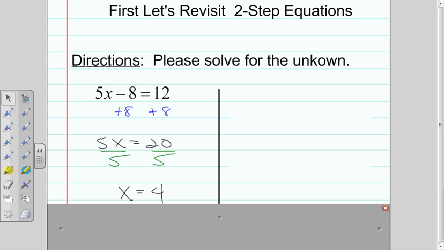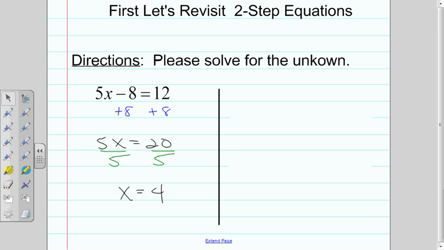Okay? Well, those steps are very specific to this problem in terms of adding 8 to both sides and dividing 5 by 5 on both sides. But you needed to be able to generalize those ideas into two steps. The first of which I referred to as the zero step, which is undo all additions and subtractions.